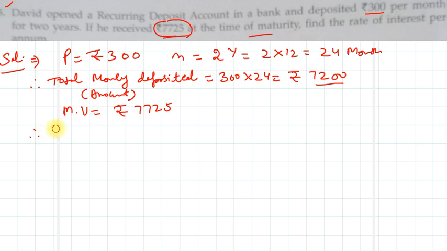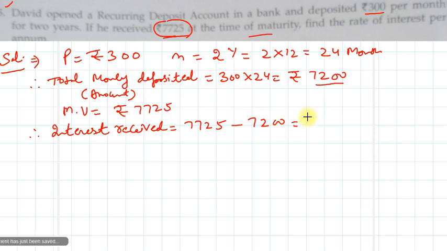Therefore interest received would be 7725 matured value minus total money deposited, rupees 525.